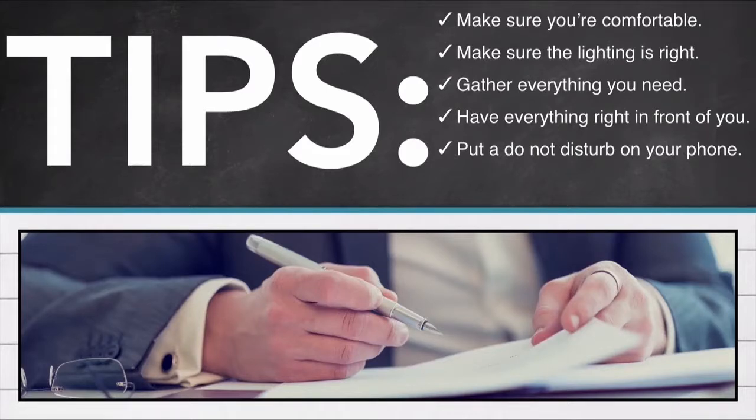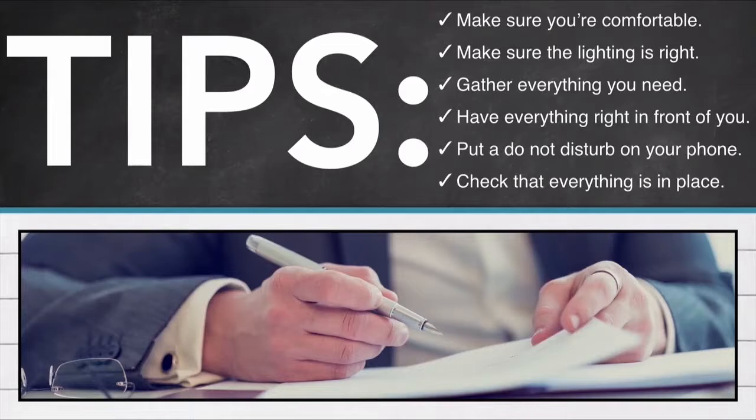Any of these things that you can do will all help you to minimize the distractions that often happen when we sit down to proofread. So make sure that you have everything in place so you don't have anything that will distract you from the actual proofreading process.